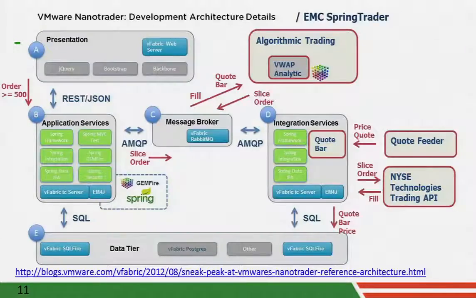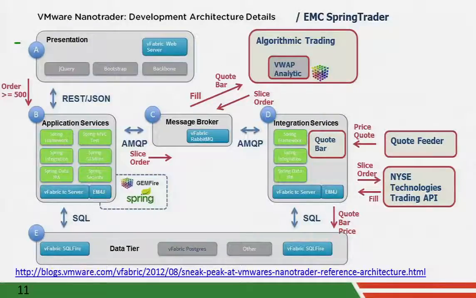We're going to look at NanoTrader. Now, you saw the opening slide, NanoTrader. This is courtesy of Brian DeSole's blog. Here at the bottom, the picture. So VMware created these with the blue borders with SQLFire here at the bottom.